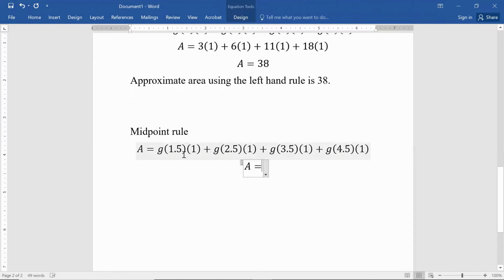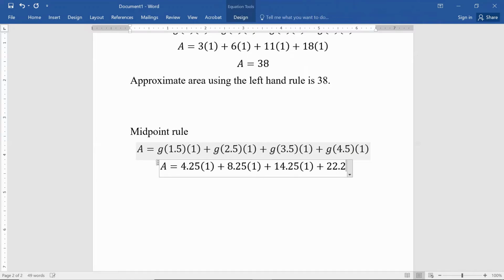If you plug 1.5 into your function g, you get 4.25. Plus, when you plug in 2.5, you get 8.25. When you plug in 3.5, you end up with 14.25.